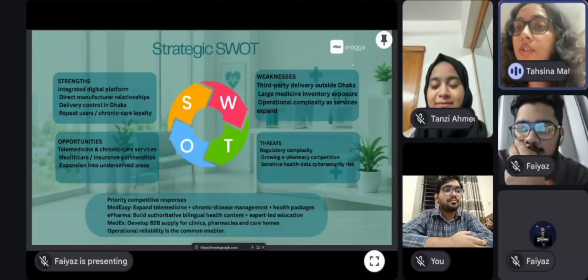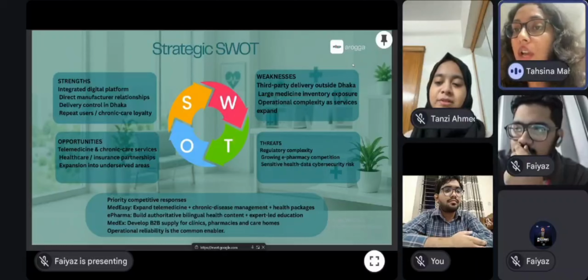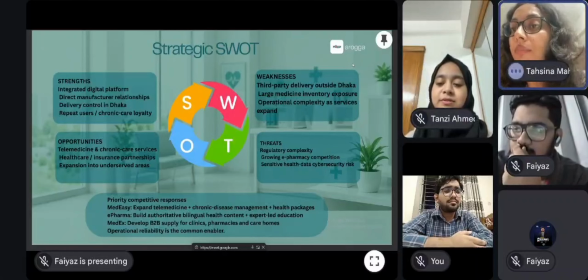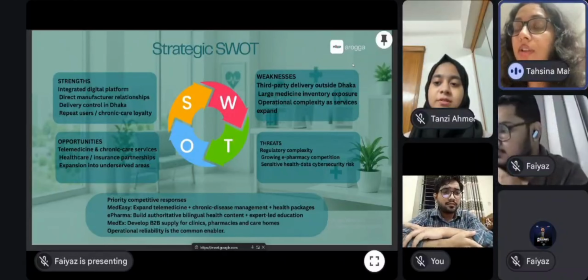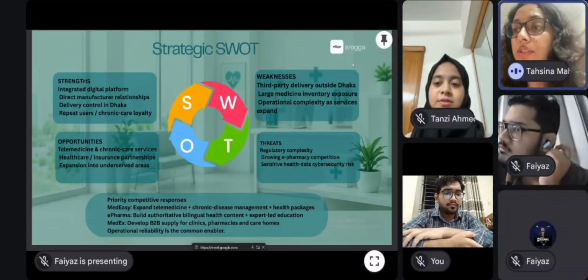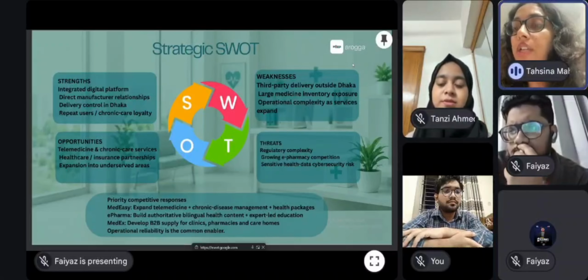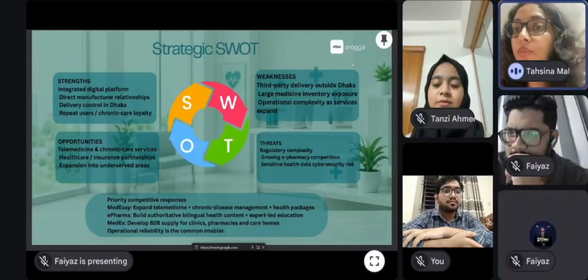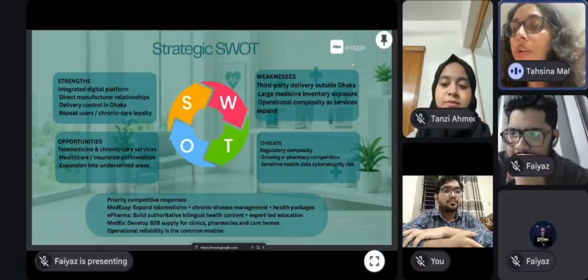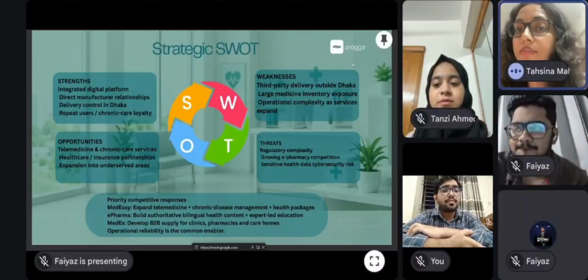Key opportunities include expanding telemedicine, chronic care services, healthcare partnerships, and reaching underserved areas. Major threats include regulatory challenges, growing e-pharmacy competition, and cybersecurity risk. Competitors can respond by expanding telemedicine, providing bilingual health content, or developing B2B supply services. Overall, operational reliability is important for managing both opportunities and threats.